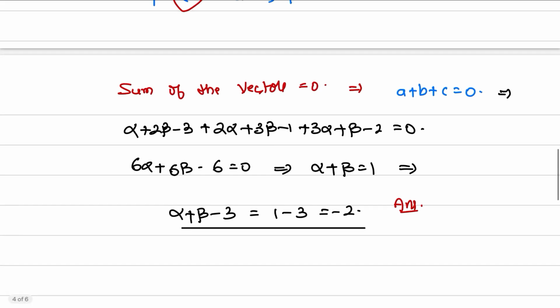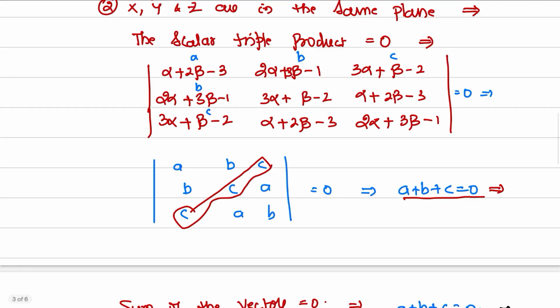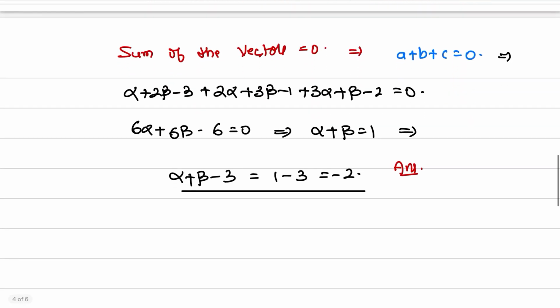The crux of the problem is to write this determinant and make it 0, understand the cyclic determinant, when it will be 0: when the sum of the row elements or the sum of the column elements is equal to 0. That can be understood in a way as the sum of the vectors being equal to 0.